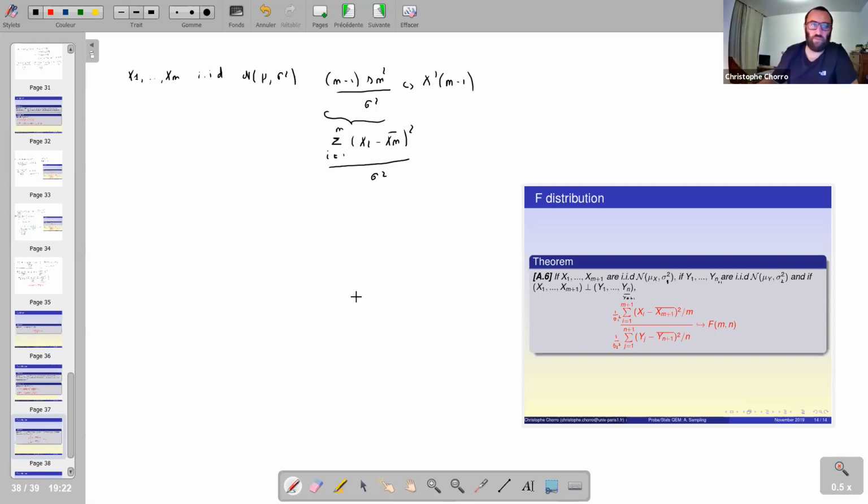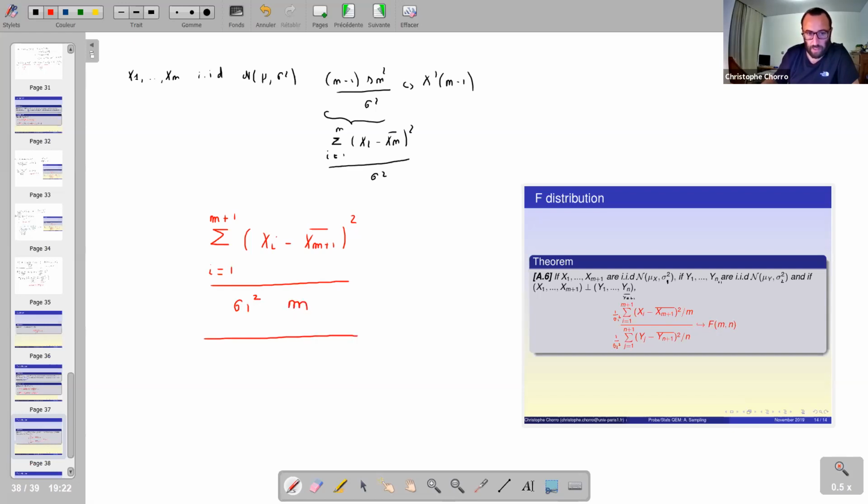Because if I write what I have, I have the sum from i equal to 1 to m of (Xi minus X̄m) squared over sigma 1 squared m.